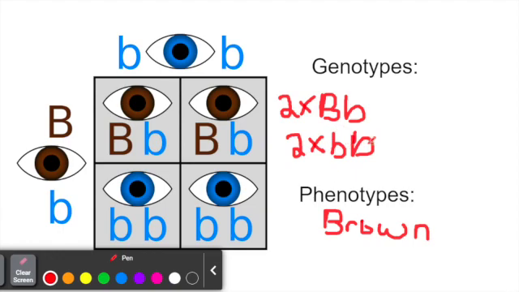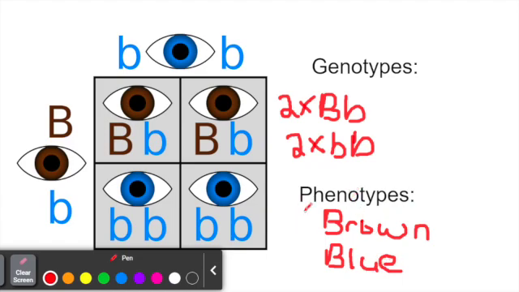And then this one is little b, little b, so this is going to be blue eyes. So that tells me what my genotypes are, which is what I would see inside of the genetics for this particular trait, which would be eye color. And then down here would be what the eye colors would actually be.